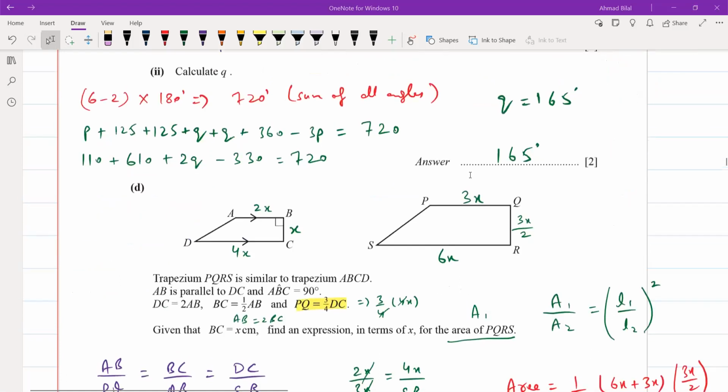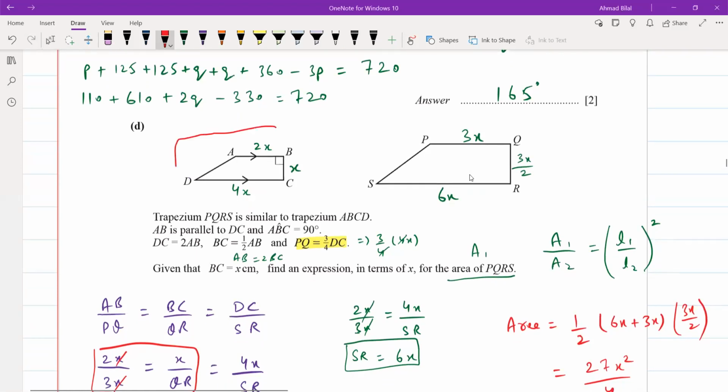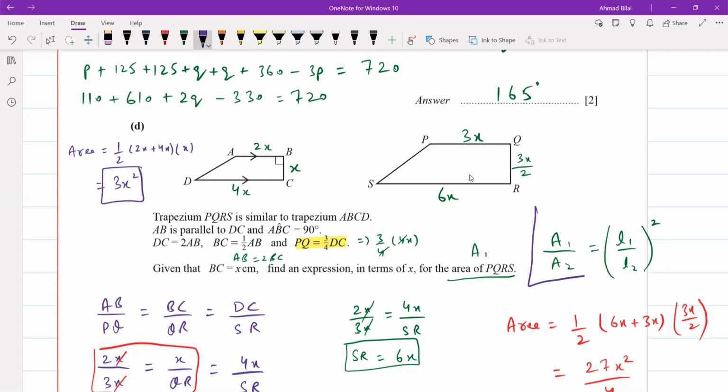अच्छा, इसमें एक और चीज भी आप कर सकते थे कि आप इस ट्रेपीजियम के एरिया निकाल लेते, राइट? या तो that might have been a bit quicker actually. अब इसके एरिया निकाल लेते हैं. इसके एरिया क्या आता है, half into 2x plus 4x into the height, that's x, that will be 3x square. इसका एरिया आ गया हमारे पास. अब फिर आप ये वाली रेशियो लगा लेते हैं, right?